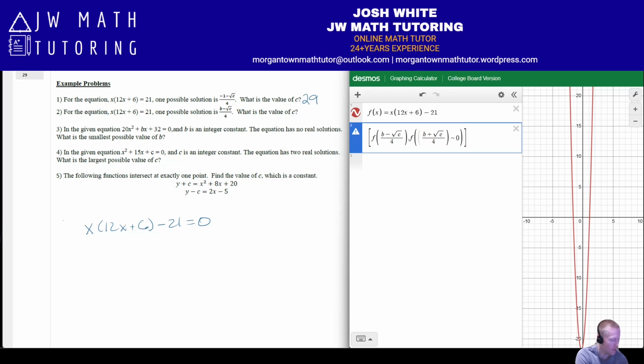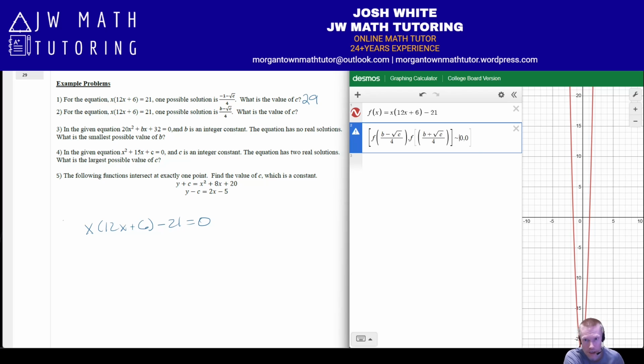Okay? So those are my two values, and now they are each going to be equal to 0.